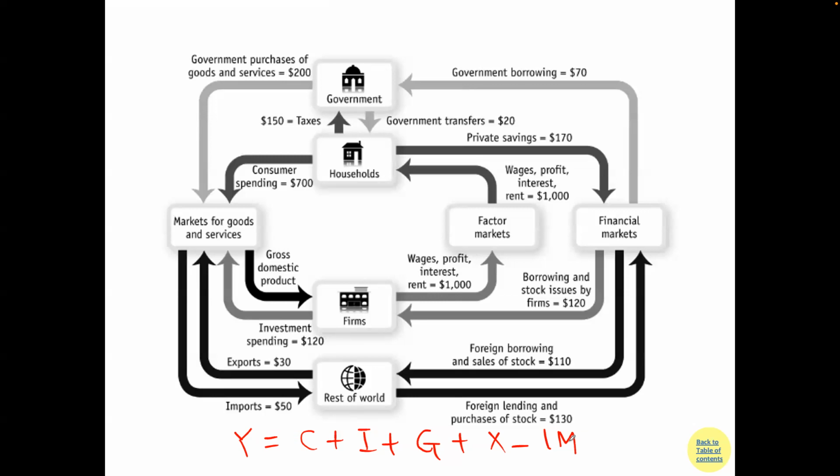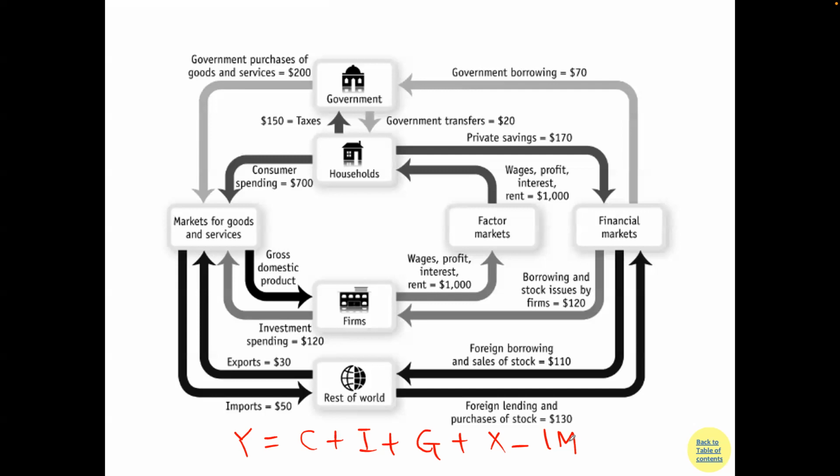But this foreign lending, actually money is coming in. So let's say, for example, the rest of the world is only one country, Germany. So this just means Germany lends us 130 and we lend Germany 110. In the net, Germany lends us 20.